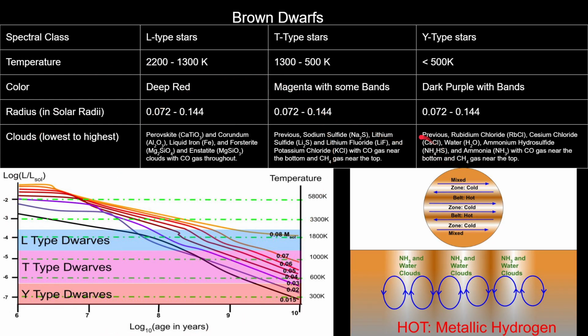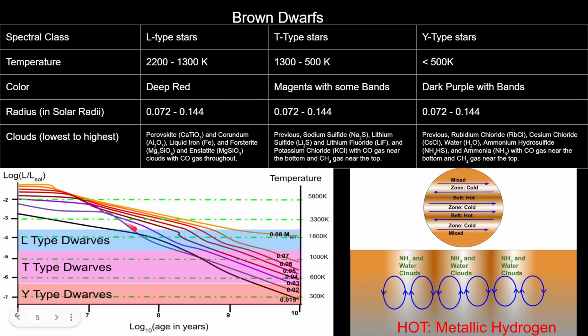And for Y-type stars, the previous, in addition to rubidium chloride, cesium chloride, water, ammonium hydrosulfide, ammonia, and other gases that condense at colder temperatures, with a similar distribution of carbon monoxide and methane. However, it's still mostly hydrogen and helium.